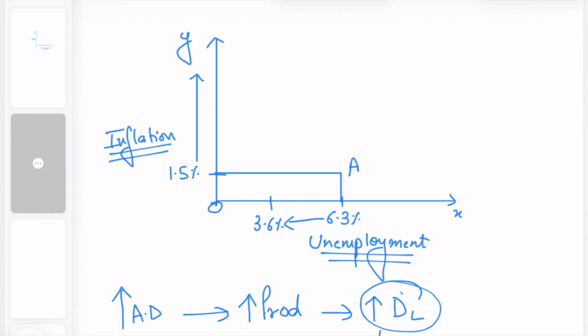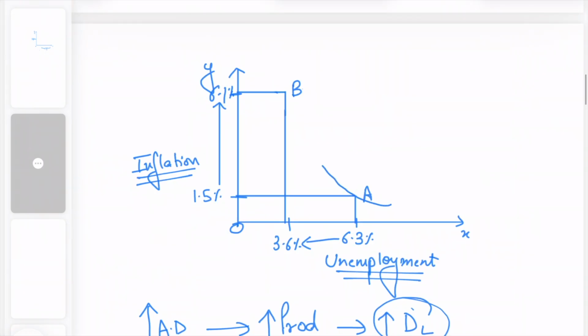So my rate increases from 1.5% to, let's say, 6.1% in the economy. And this gives me another point which is called point B. If I merge these 2 points, I get my short-run Phillips curve, which is a downward sloping curve.